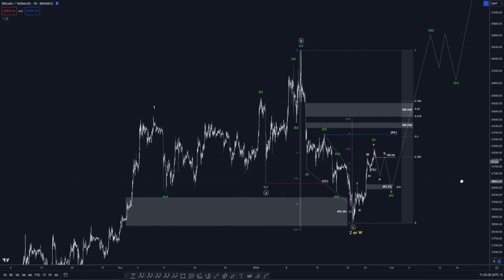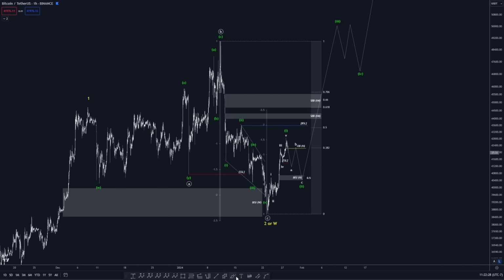If this gets a little more complex, meaning we get this retrace, we get a move up, and we actually take this low before attacking this high, this could be a W wave. Then we get that internal retrace for an X wave, and then we basically look for a Y wave.